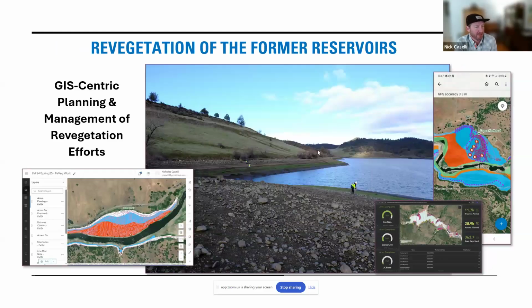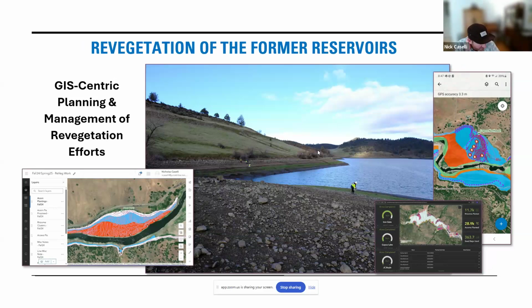Okay, and then really our largest lift on this project, which we led with some other entities and other tribes, was the revegetation effort for the former reservoirs. Our ecologist lead couldn't be here on this call. He's really led that effort, but it's been quite the project.